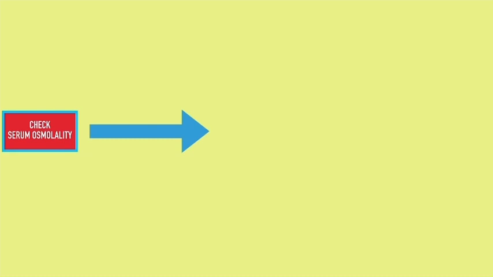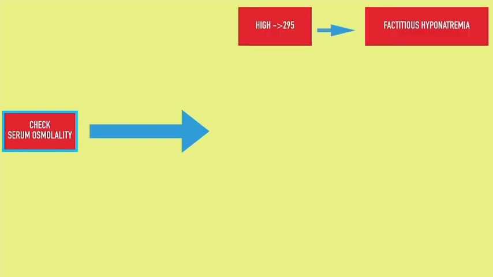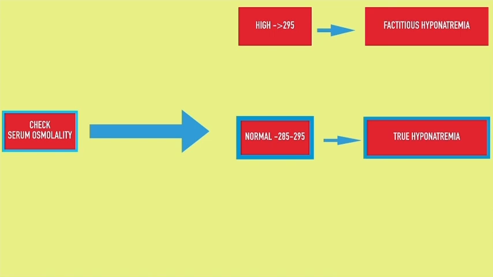So coming to the algorithm. If you get hyponatremia, you have to check the serum osmolality. And if this serum osmolality is high, that means more than 295, that means it is a case of factitious hyponatremia. If it is normal, that is 285 to 295, that means it is a case of true hyponatremia.